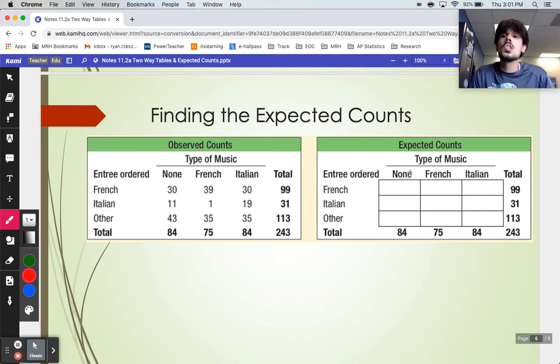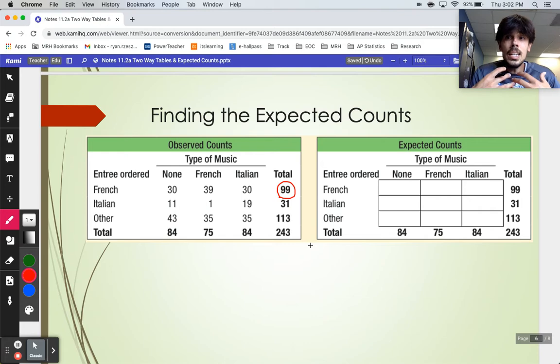But the rationale is, when you go into this, H0 says, hey, there's no difference in the music. The music does nothing. People are going to order what they order, and your treatment is not doing a thing. So the way you can think that through, altogether, I'm going to start with French food. Altogether, 99 people ordered French food.